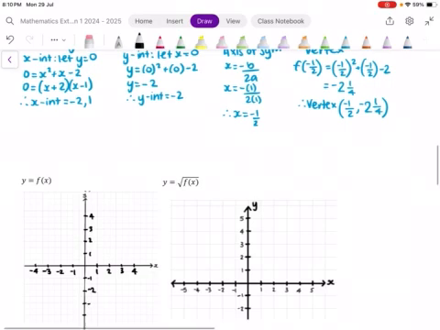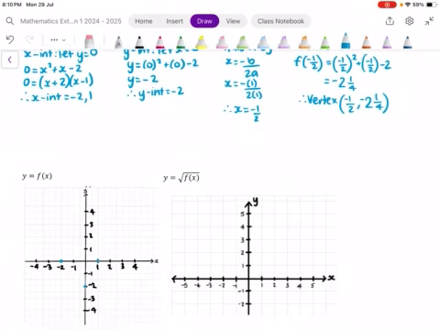Alrighty, sorry about that. Okay, so we know our x-intercepts are at -2 and 1. Our y-intercept is at -2. Our vertex is at -0.5, -2 1/4, which is roughly there. So at -1, it's at -2.